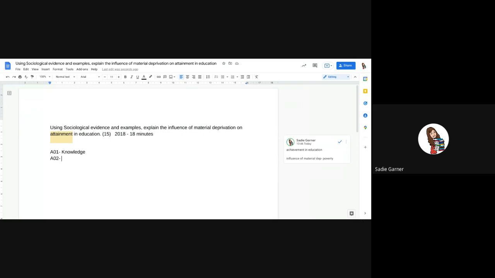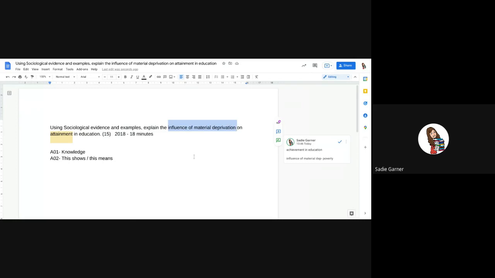The way you show an examiner that you are doing analysis is you must use the phrase, this shows. You can say this means, this shows, or this means, and then use the exact term of the question. So this shows, in this case, that material deprivation has an influence on attainment because.